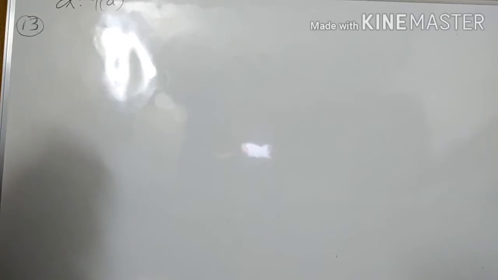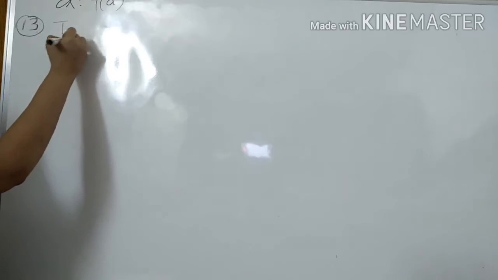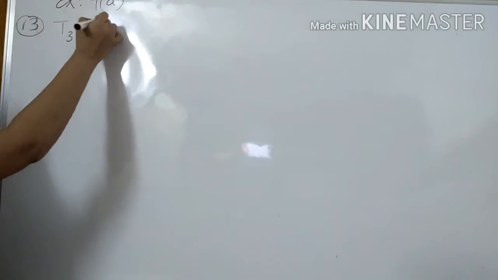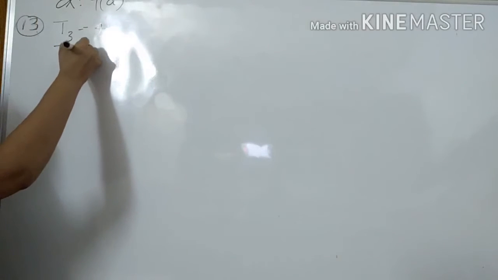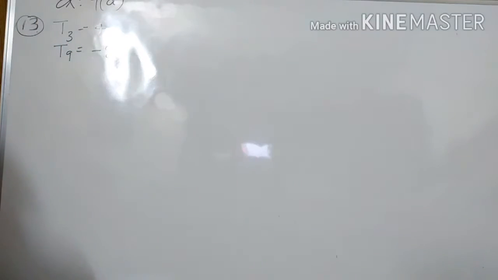So here you are given T3, the third term, is equal to 4 and T9 is equal to minus 8. These are already given to you. And you want to find which term is 0, means Tn is 0.